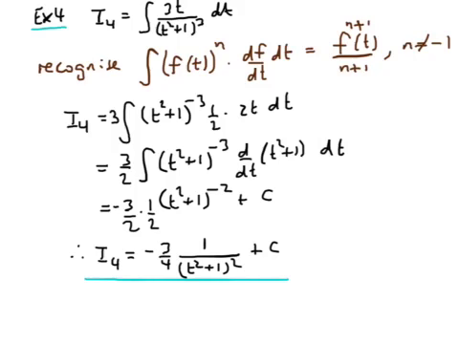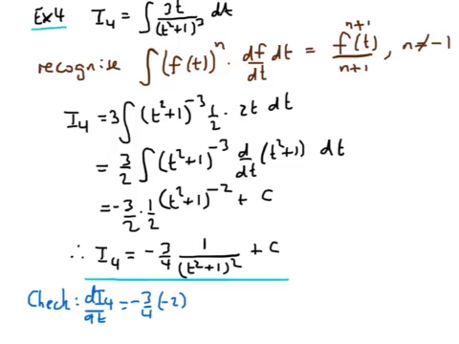So again, of course, what we can do and what we should do is to check it. So we want to differentiate our result with respect to our variable t. We have minus 3/4 at front. Here we have t squared plus 1 all to the power of minus 2, so we're going to pull down a factor of minus 2. I'll put that in brackets to make it clear that this is multiplying this and not subtracting from it.